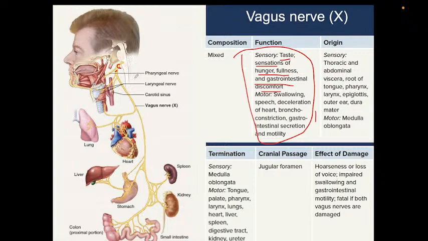And we can find this nerve everywhere: on the head, in the neck region, in the chest, and even in the abdominal cavity, where it innervates a lot of internal organs.